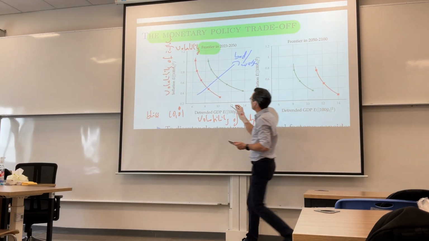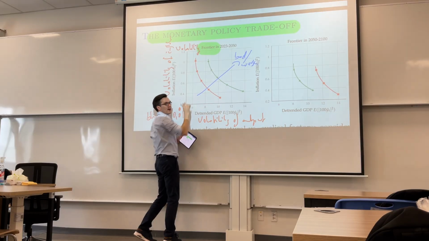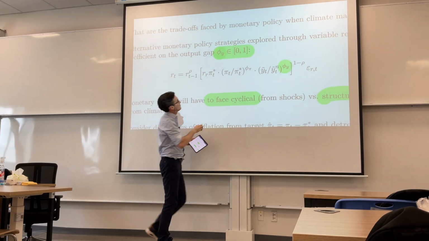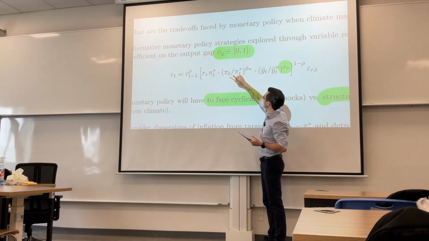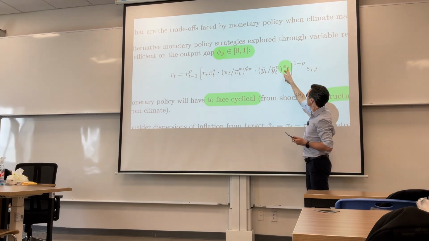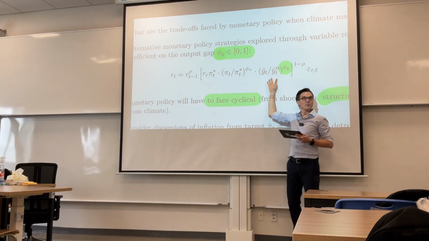Each of these points is a particular value for phi y. So phi y is between 0 and 1. What the authors do is they pick a parameter. Suppose they pick phi y equal to 0. Then the central bank doesn't try to stabilize output variability.